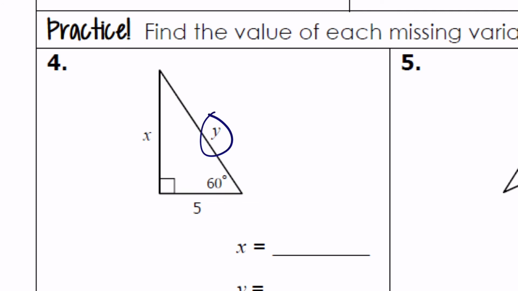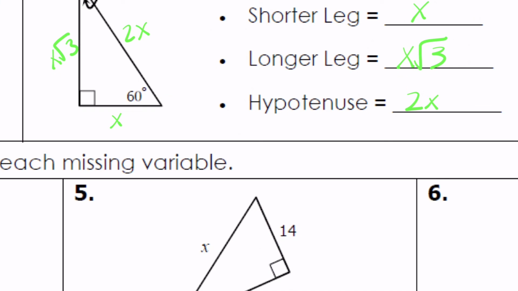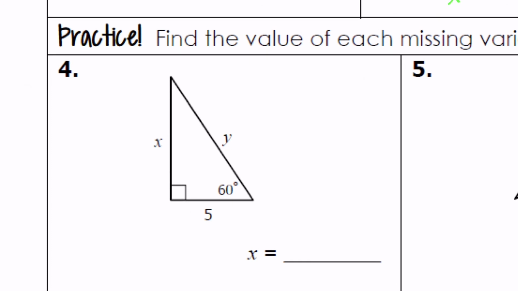Both of the ways I'm going to try and find x and y are going to be based around this shorter side 5. Because the longer leg and the hypotenuse are based on the info we're given from the shorter leg.